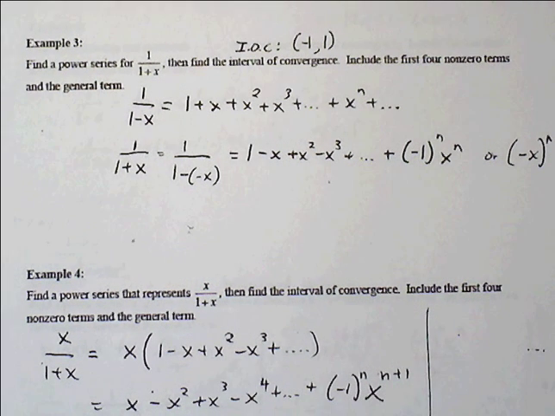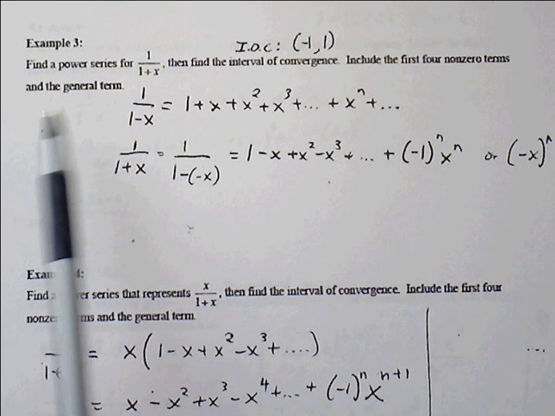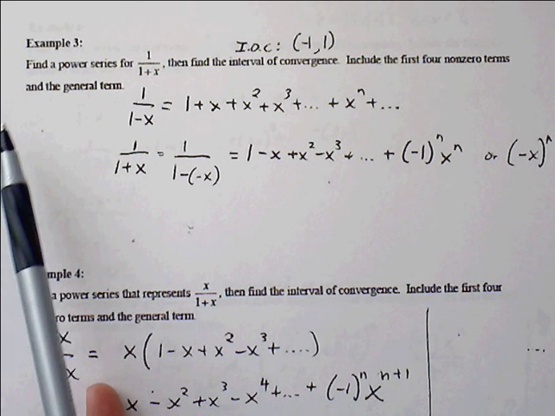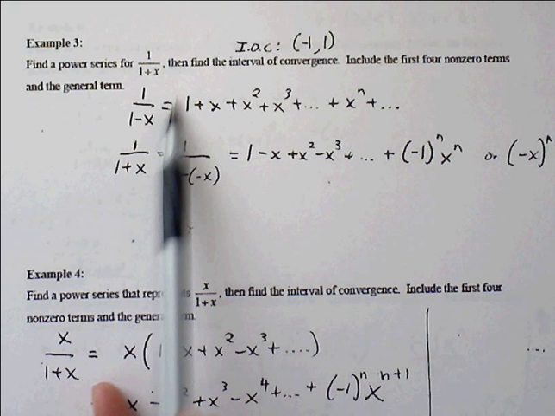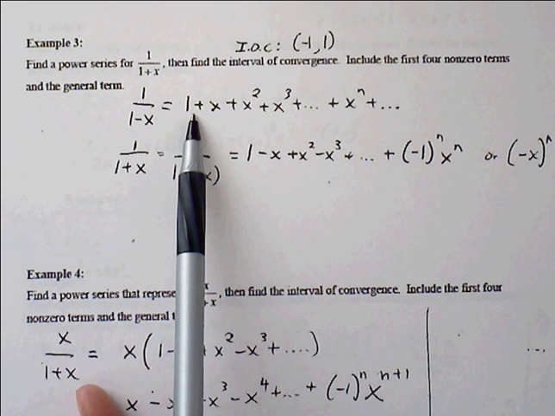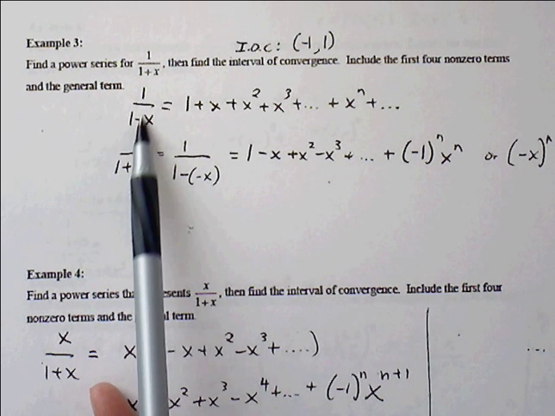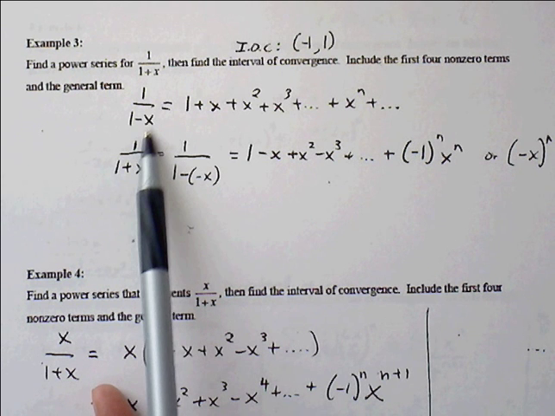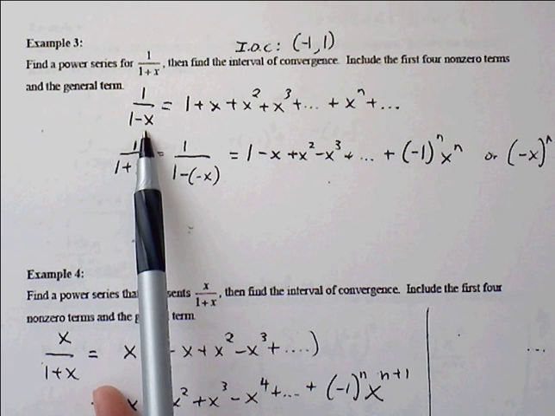Example 3. Find a power series for 1 over 1 plus x, then find the interval of convergence. Include the general term. Now we know 1 over 1 minus x is 1 plus x plus x squared plus x cubed, and the x is our ratio.